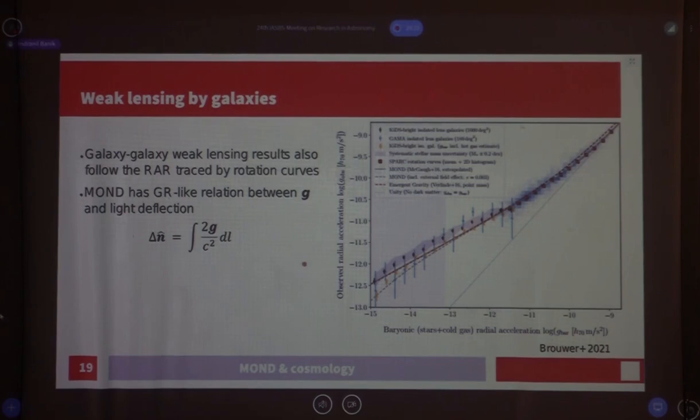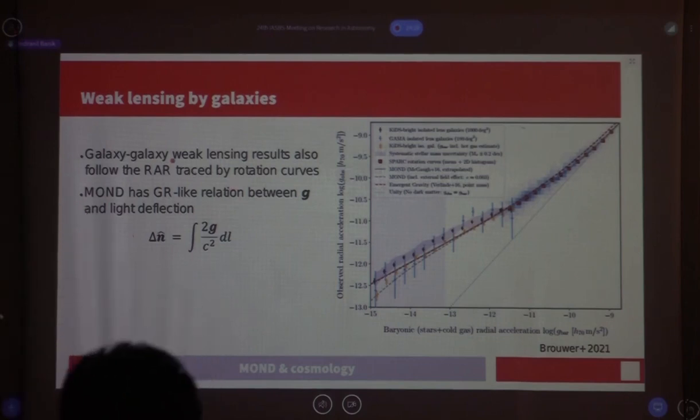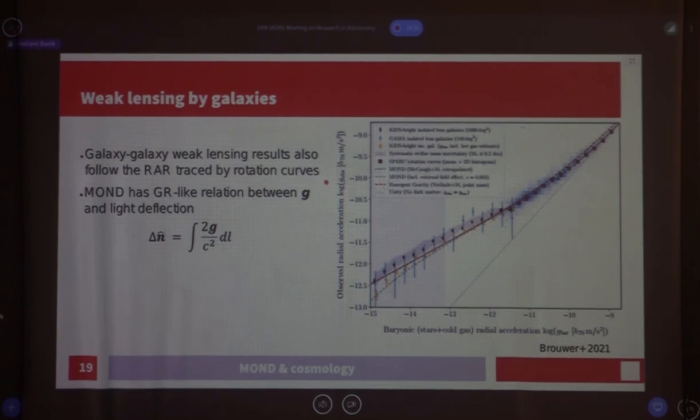Now, if you try to use weak lensing results of galaxies lensing background galaxies, you can infer the G from the deflection of background photons, which is probed by the distortions to background galaxy shapes. And you get the observed G, if you like, deduced from the deflection angle this way, and the Gn. So this is the line of equality.